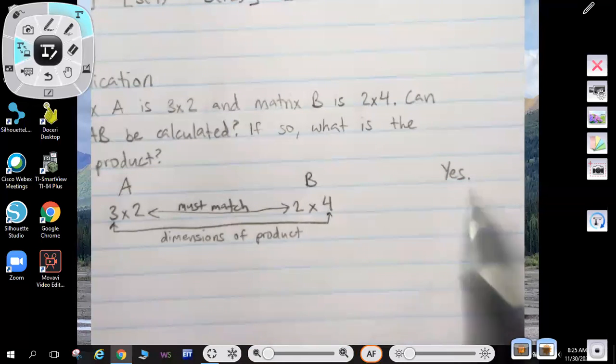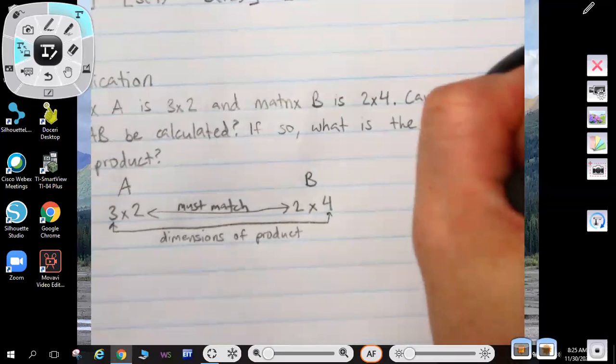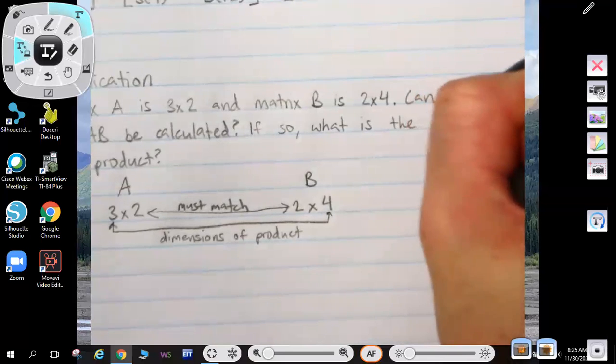So yes, we can multiply A times B, and our answer is going to be a 3 by 4 matrix.